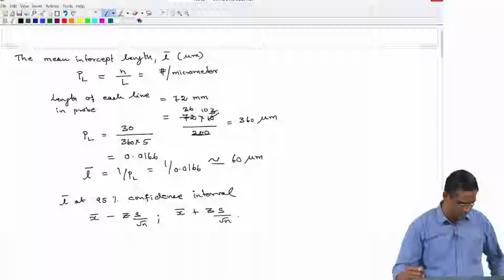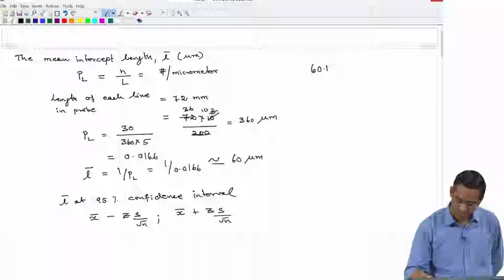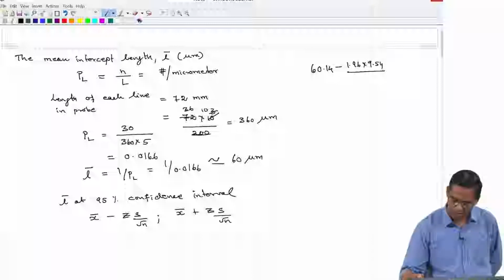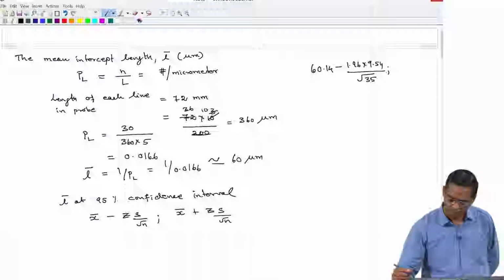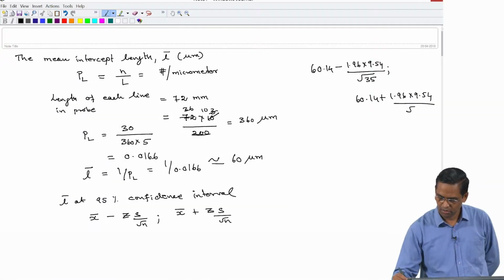When you substitute this, the average is 60.14 minus 1.96, that is the z value, into the standard deviation 9.54 divided by the square root of the total number of events, 35. This is the lower limit, and then you can do it for the higher limit: 60.14 plus 1.96 into 9.54 over the square root of 35.